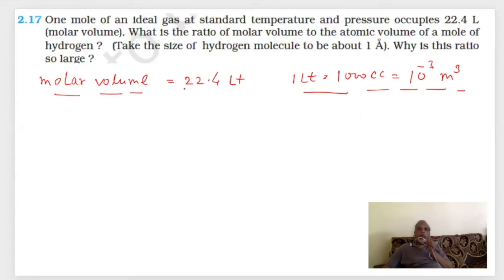What is the ratio of molar volume to atomic volume of a mole of hydrogen? In the previous question, question number 16, we have found out the atomic volume.